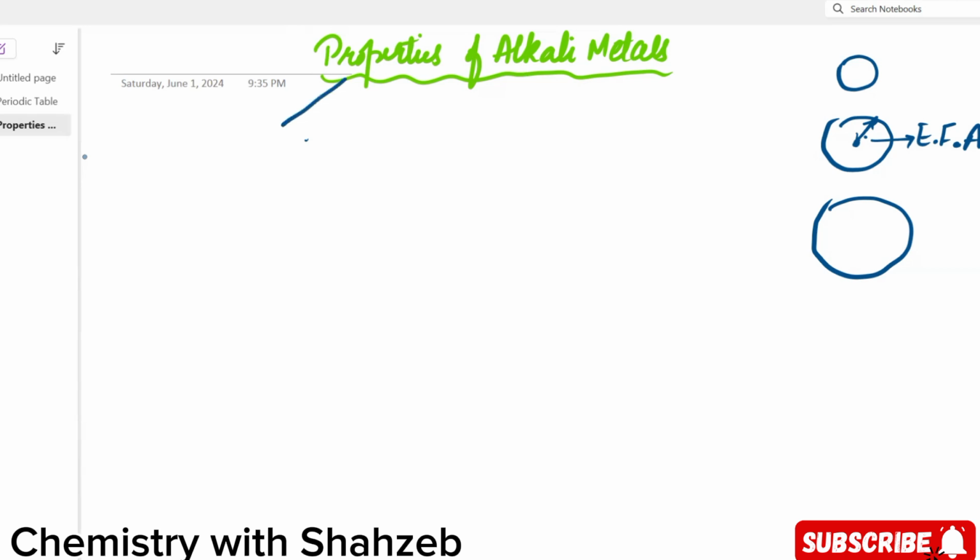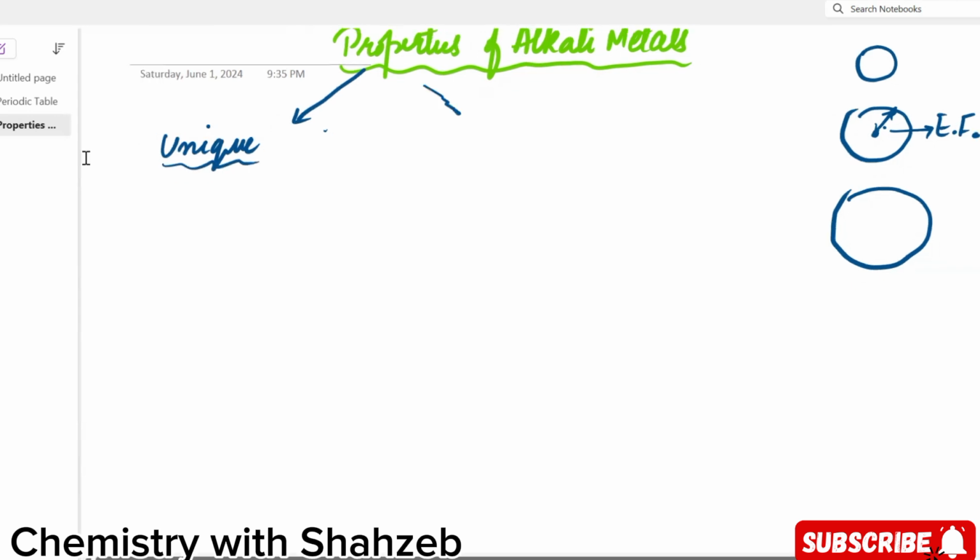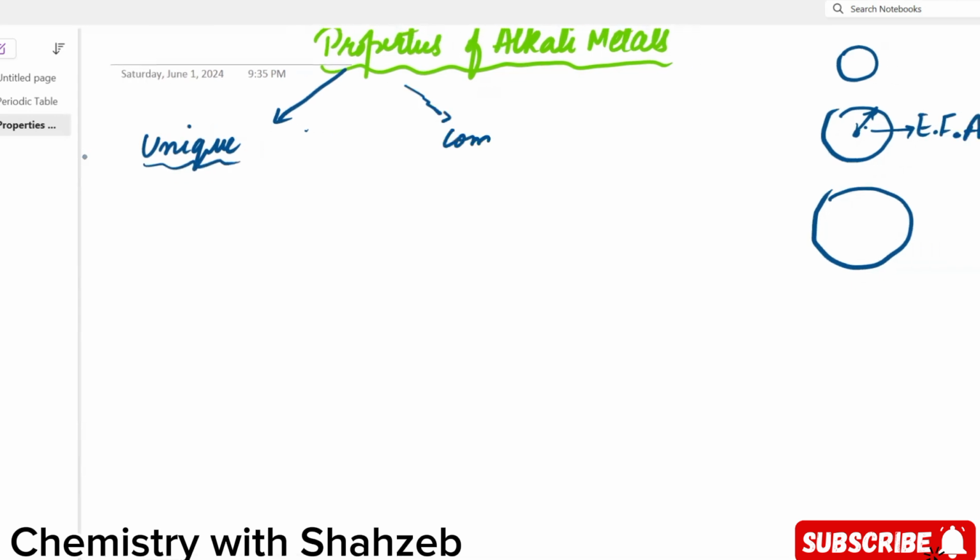Alkali metals have some unique properties that only these metals have, and some common properties. The unique properties are that they are soft and can be cut with a knife. Second, they have low melting point and boiling point.